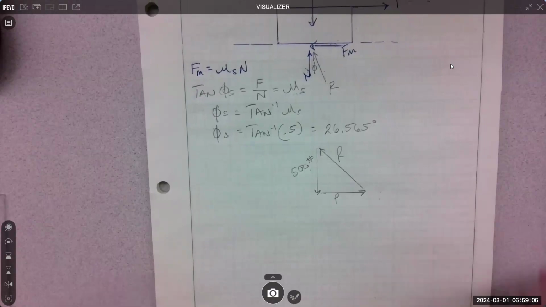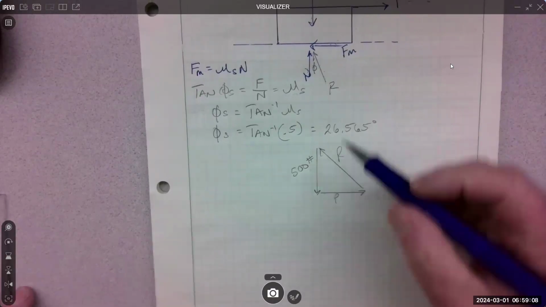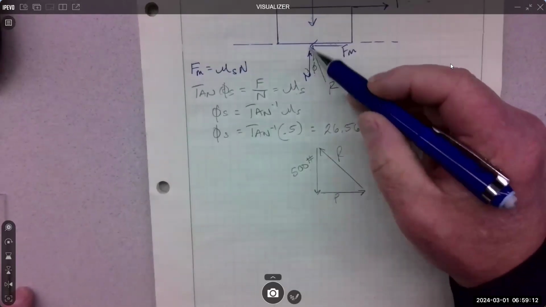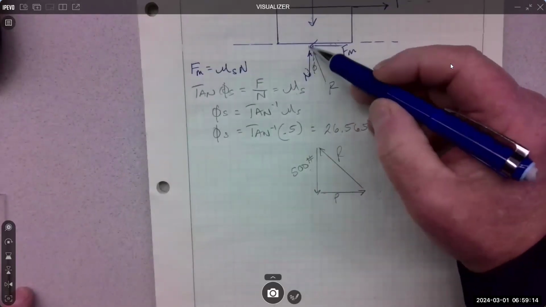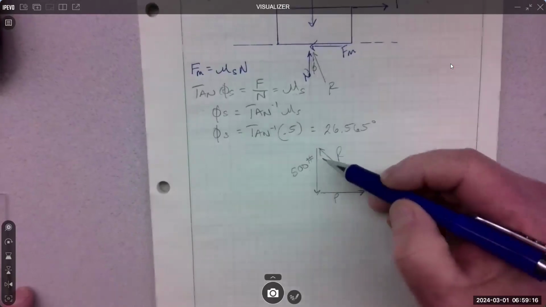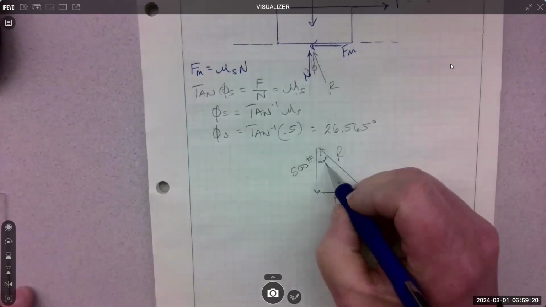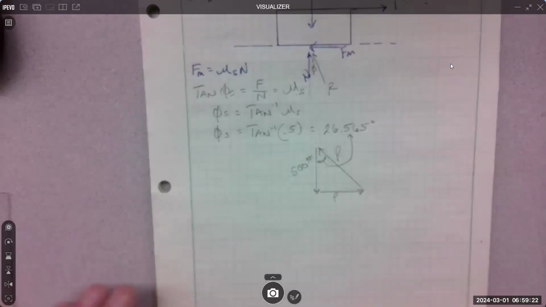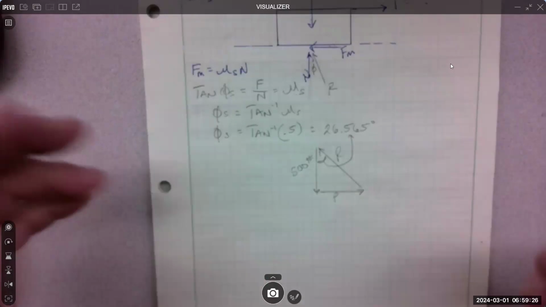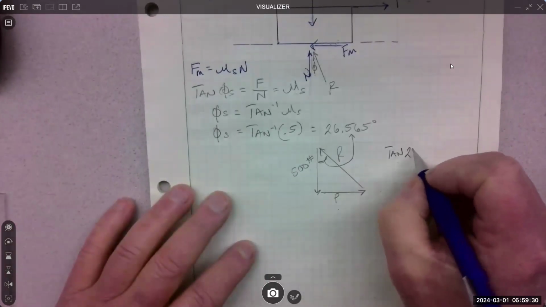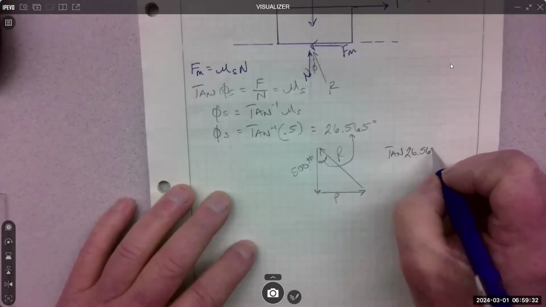Okay, so where's this angle? This angle is between vertical and R, not necessarily N, but vertical and R. So here's vertical and R, that's the 26.565. P is what I want to know, so I'm going to use the tangent of 26.565.